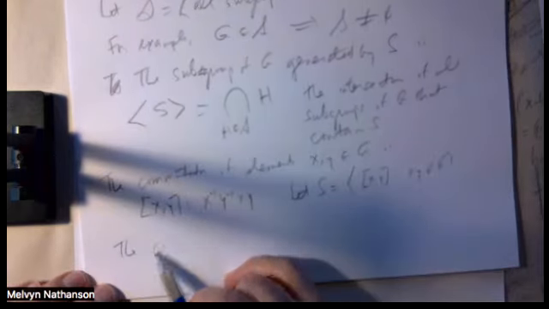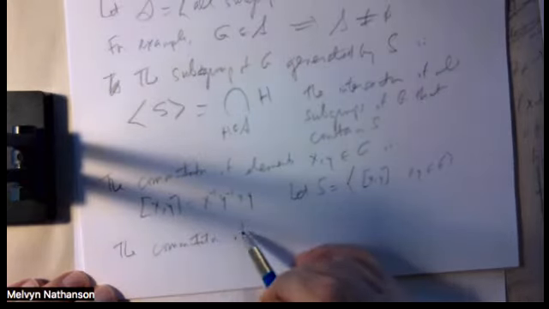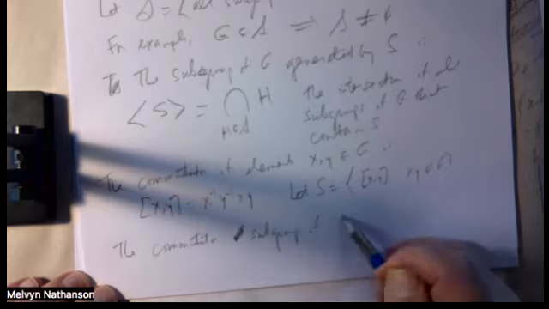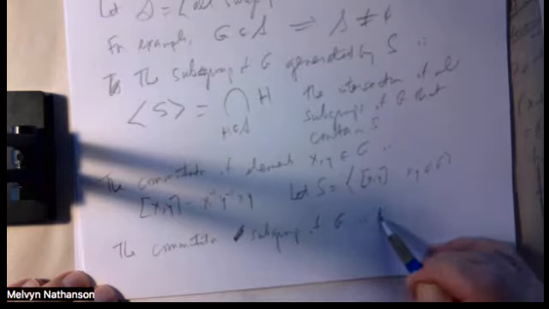So what is called the commutator subgroup of G is the subgroup generated by this set S. So the commutator subgroup, in practice, it might be very difficult to construct, but the commutator subgroup of a group is the smallest subgroup that contains all the commutators.